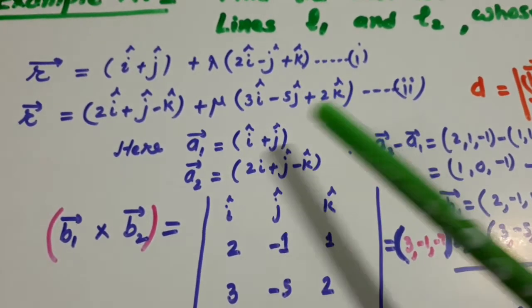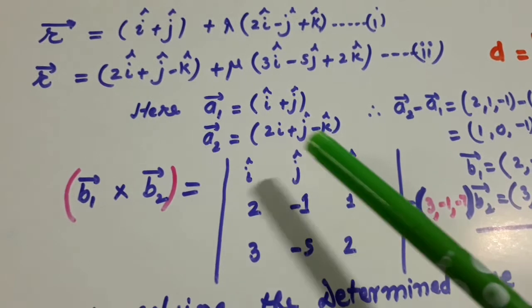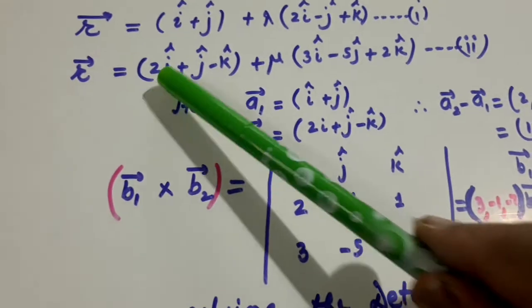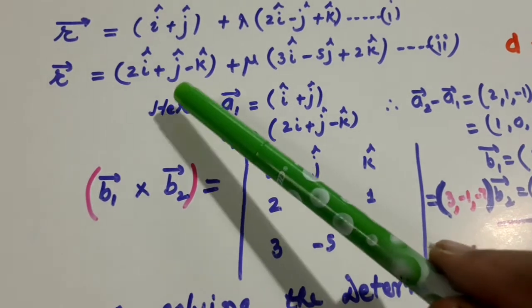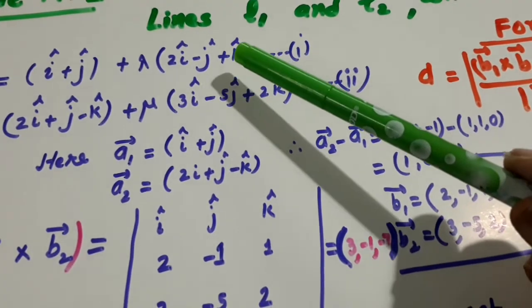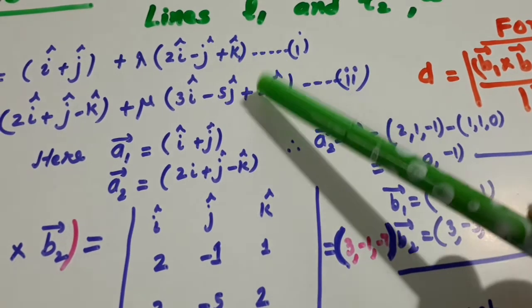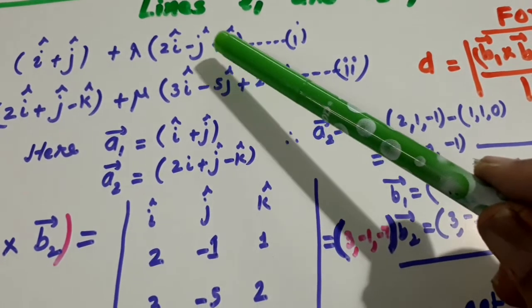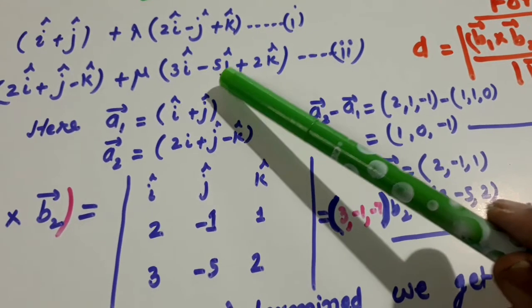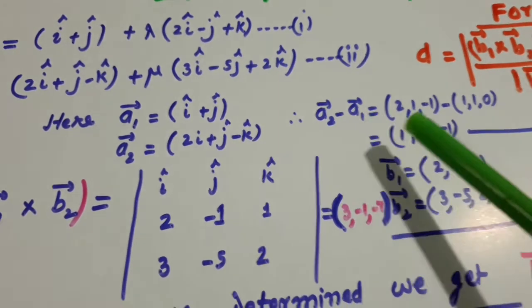These two equations are in vector form. Here a1 is i plus j, a2 is 2i plus j minus k, and the parallel vectors are 2i minus j plus k, and in the second case 3i minus 5j plus 2k.